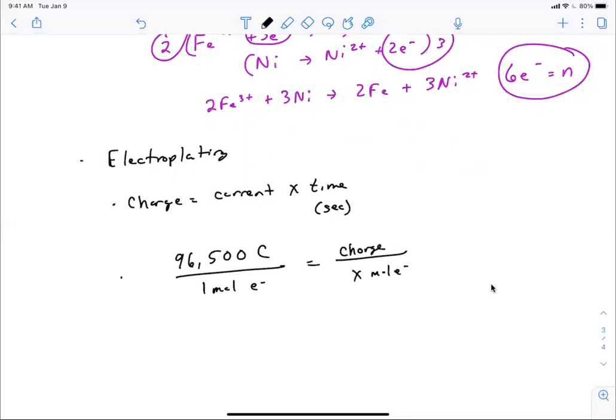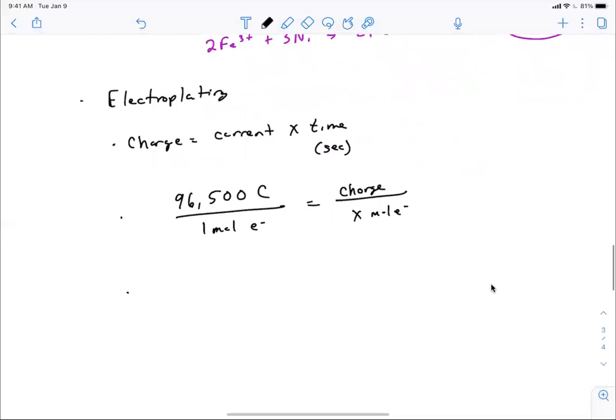So if you find out how much charge you put in there, the current times time, if you divide that by 96,500, you'll get the actual moles of electrons you put through the system. And once you have the moles of electrons, you can do the moles of metal because of the mole to mole ratio.